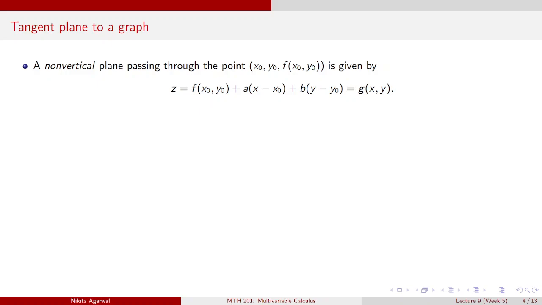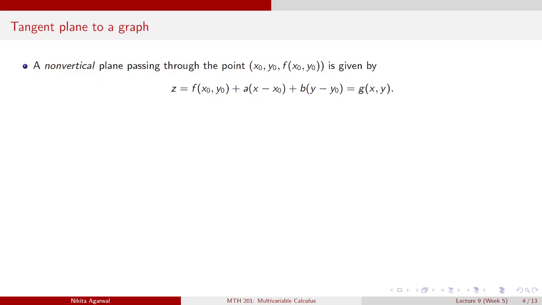So now think about it. When is the z component going to be 0? The z component is going to be 0 if the plane is parallel to the z axis, right? Now think about it.